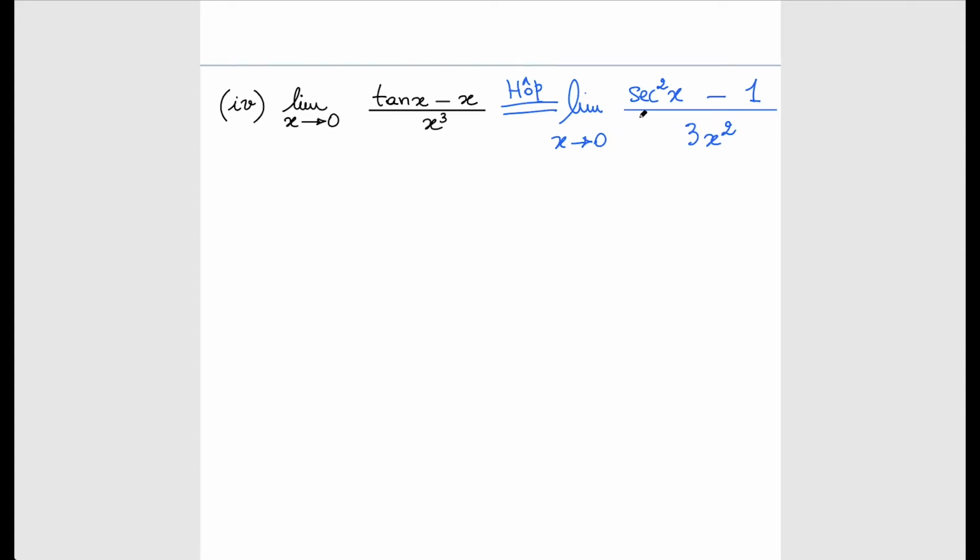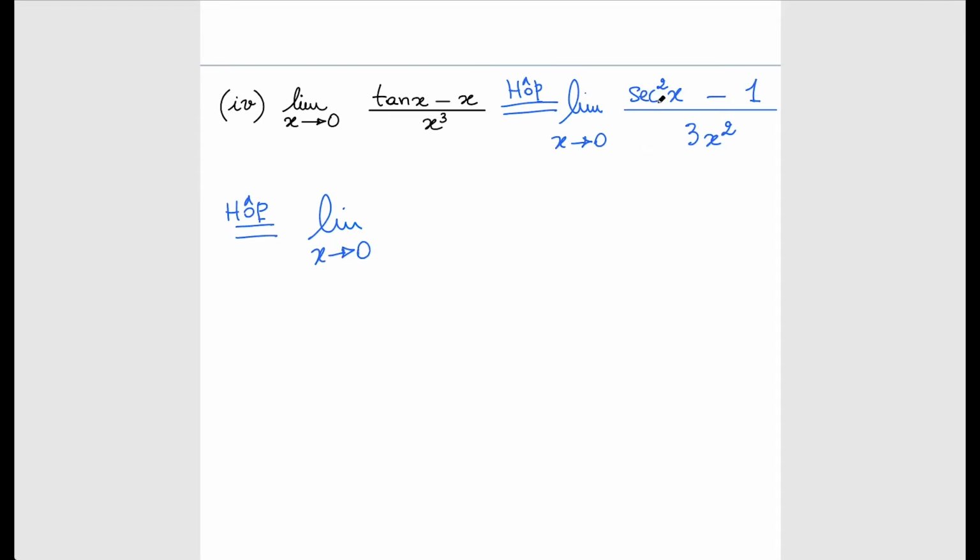So you can check that the conditions of L'Hopital apply for the guy upstairs and downstairs. So as such, we can re-employ L'Hopital's rule and obtain the limit as x goes to 0.